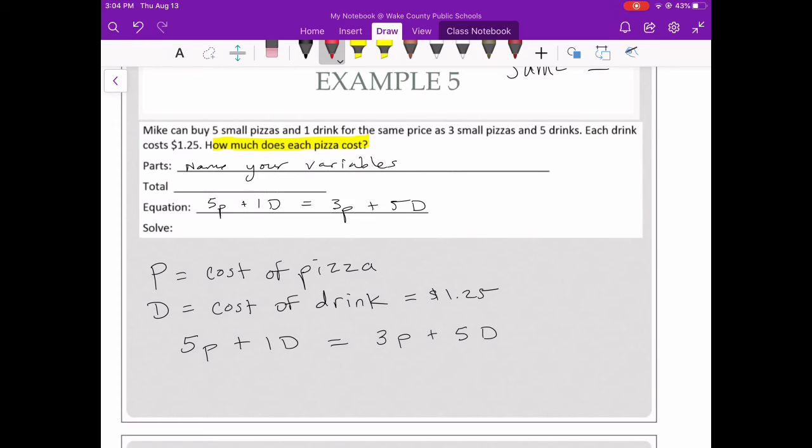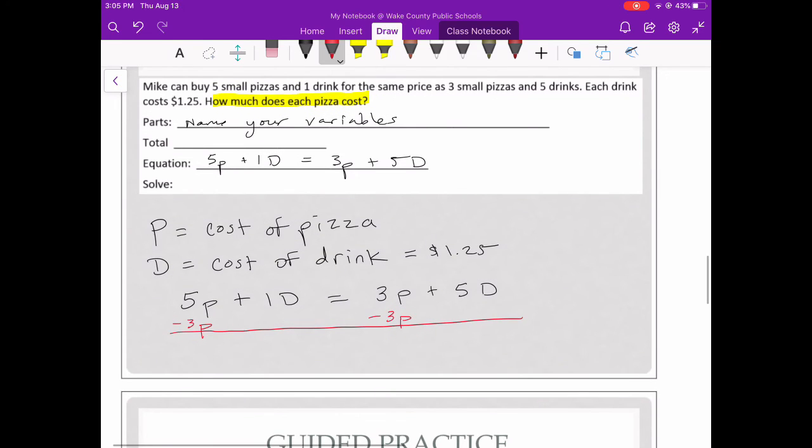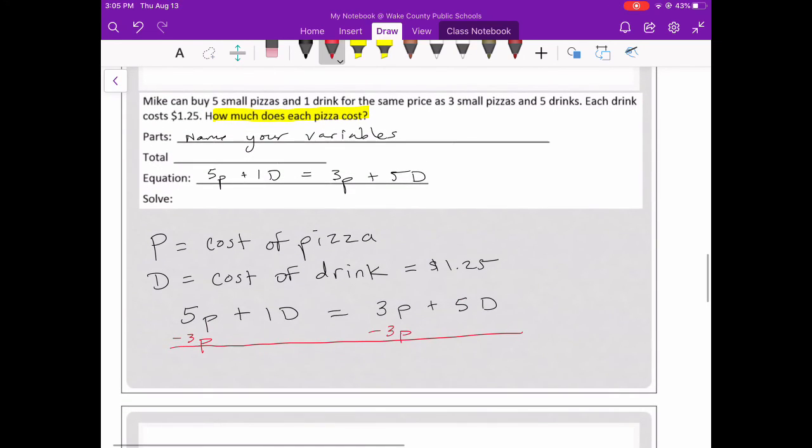Okay, so there are 5 p's on my left side, 3 p's on my right side. I'm going to try to get all my p's on the same side. There's more p's on the left, so I'm going to go ahead and subtract 3p from both sides. Now, some of you might be asking me, why did I know to subtract 3p? Well, 3p is positive. So positive numbers act like they're being added. So what's the opposite of addition? Subtraction.